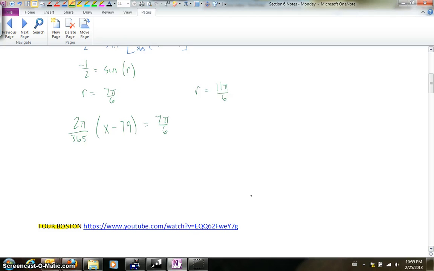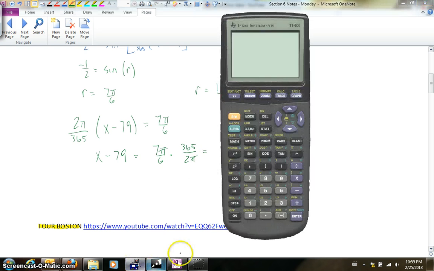Let's go ahead and multiply by the reciprocal, because we're trying to get x by itself now, so we've got x minus 79 equals 7 pi over 6 times 365 over 2 pi. So at least the pi's cancel. That leaves us with 7 times 365, and let's divide that by 12.